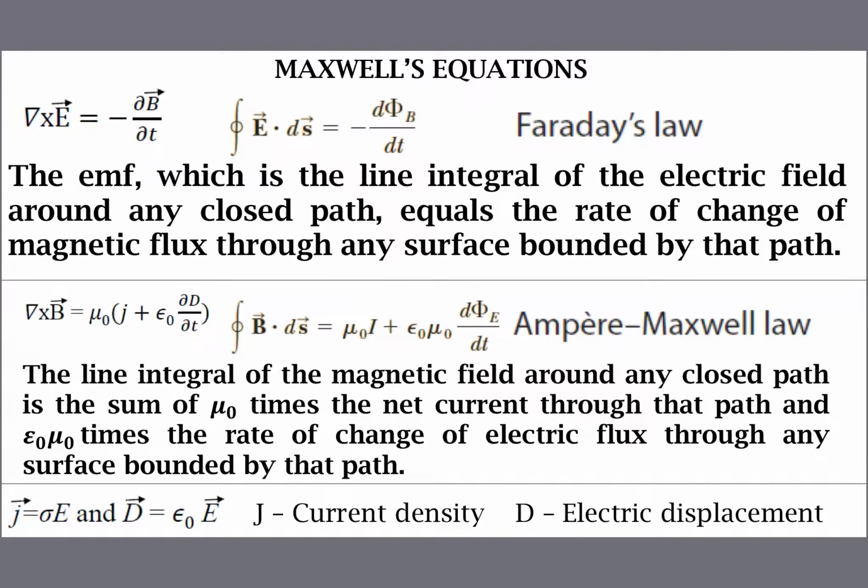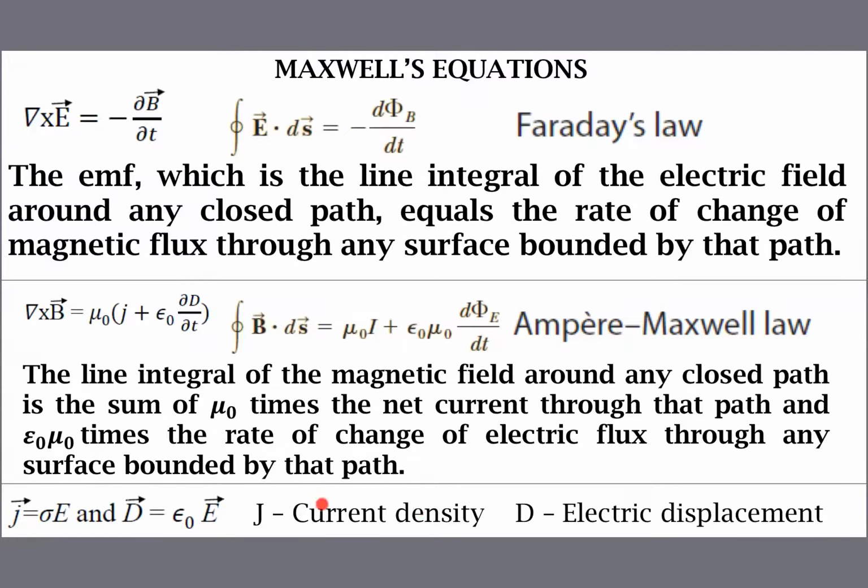Still on the Ampere-Maxwell's law, which is the fourth Maxwell's equation, J here is current density. I've defined it down here.